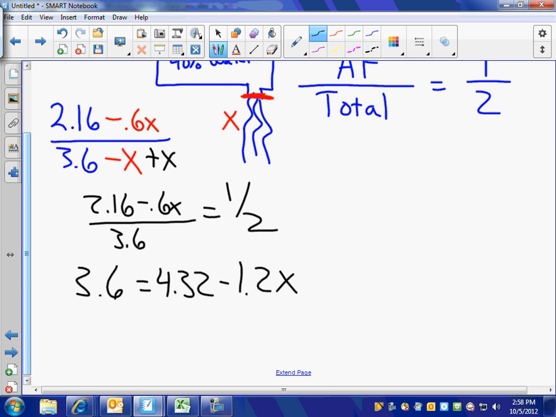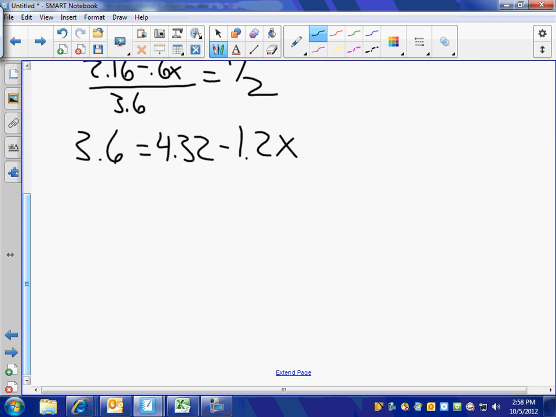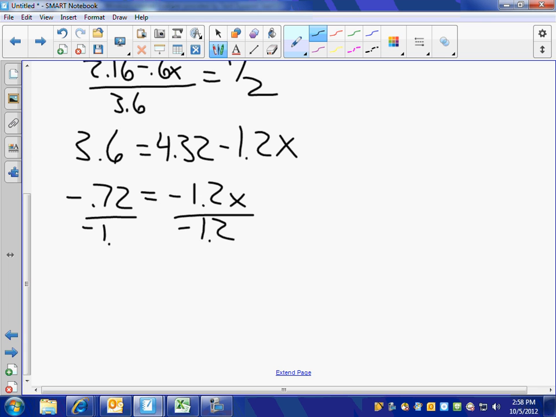Subtract the 4.32 over. Negative 0.72 is equal to negative 1.2x. Divided by negative 1.2, 0.6 is equal to x. So that's the amount of fluid that we let out of it.